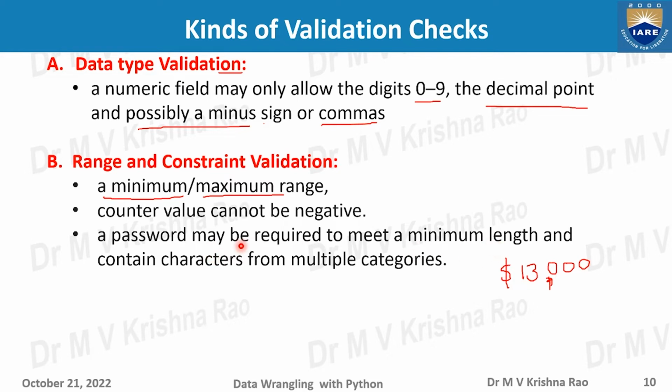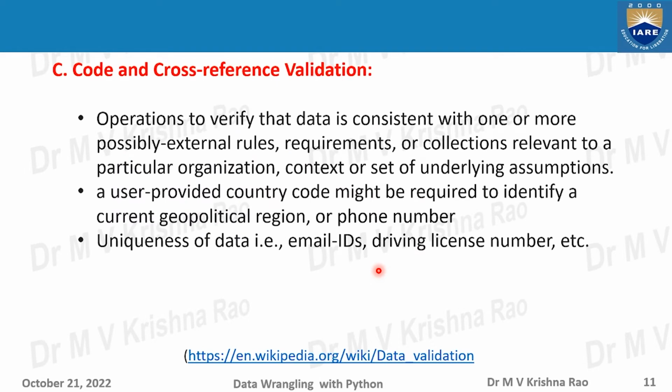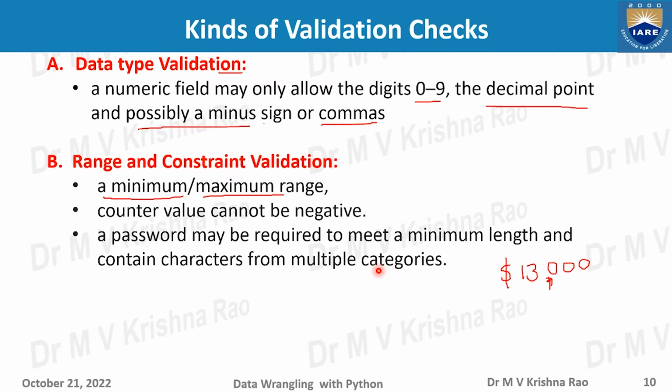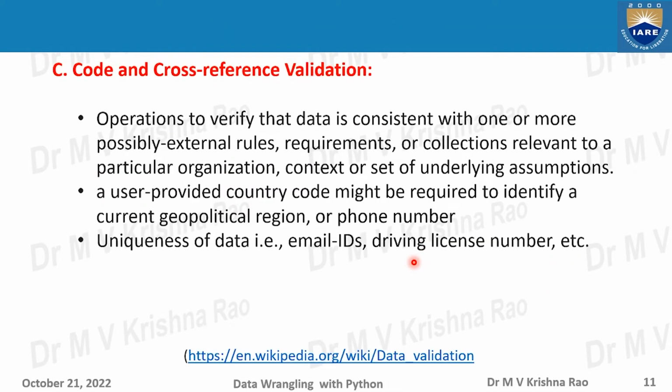It will be a string of a certain size. How is it possible? You are creating the constraints there; then only it is possible. In the same way, you may have to look into other such things also. Multiple categories means capitals, special characters, small letters, numericals like that.